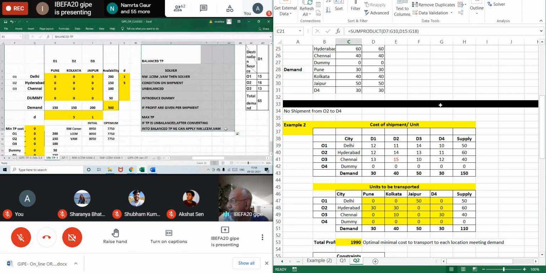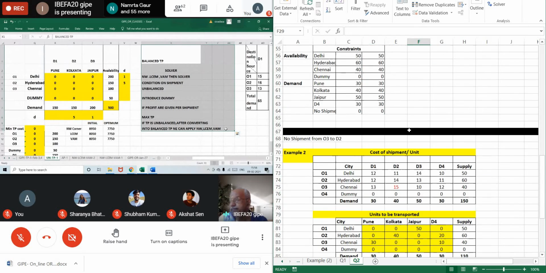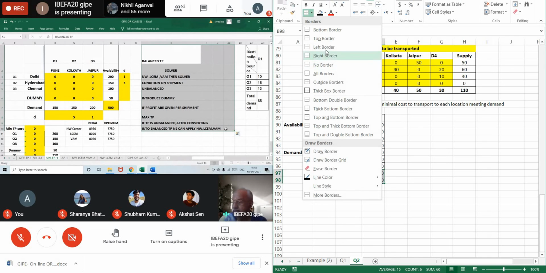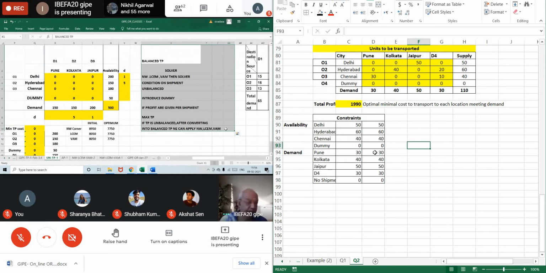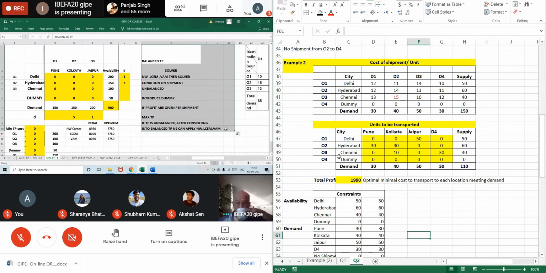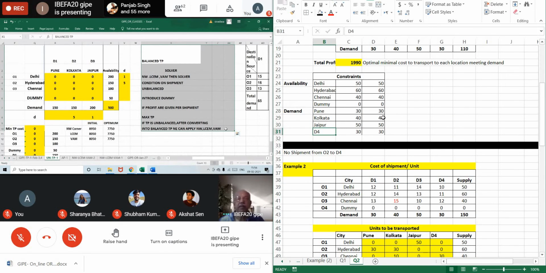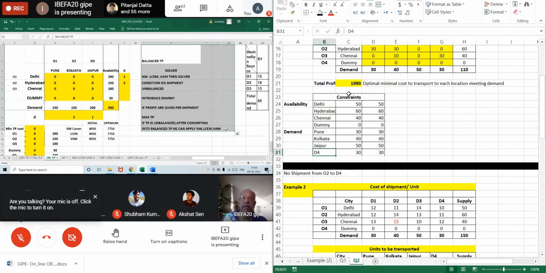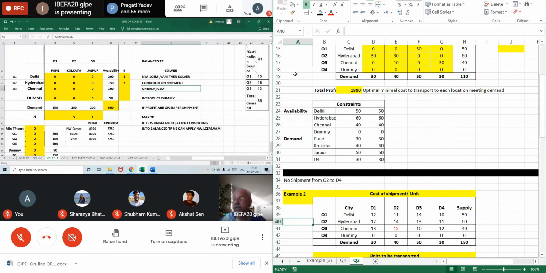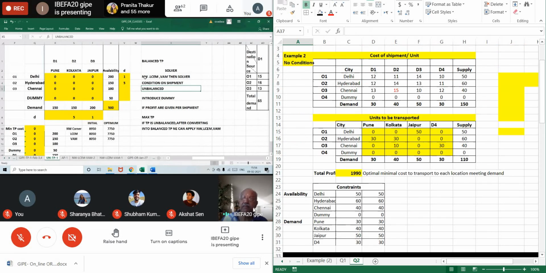Initially, we have taken balanced transportation problem and we found the solution by northwest corner method, least cost entry method. If it is unbalanced, you have to make it balanced. Then apply all the methods once again.